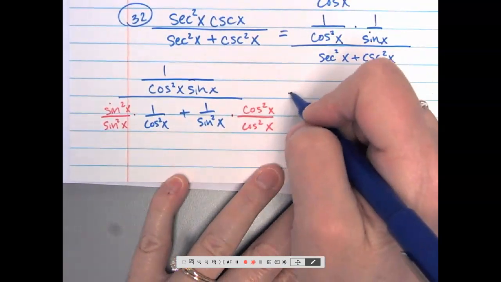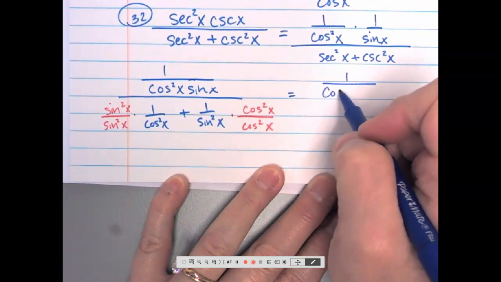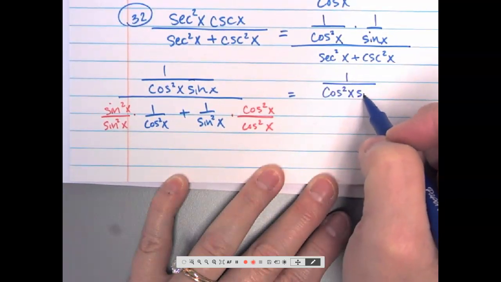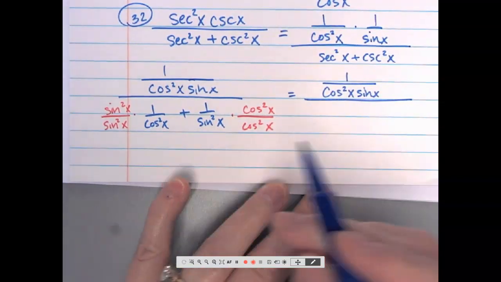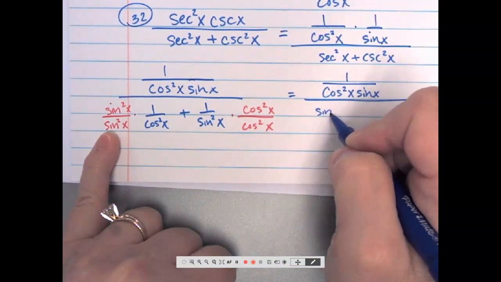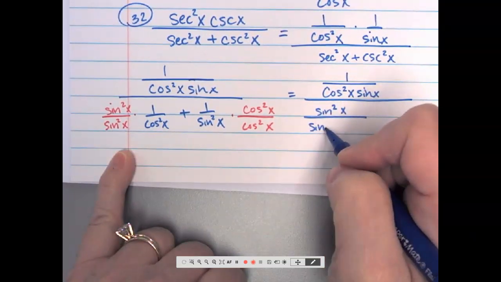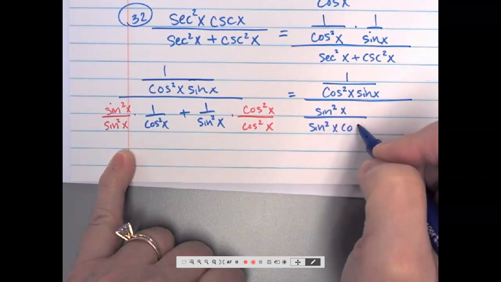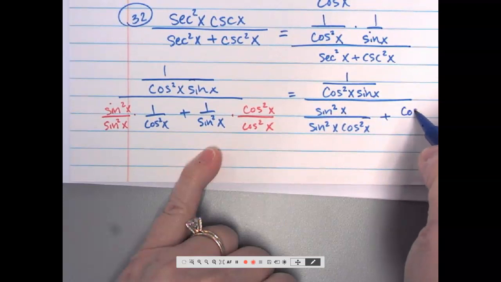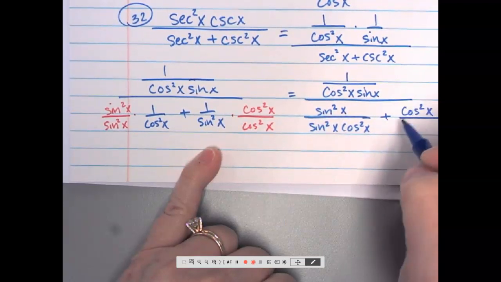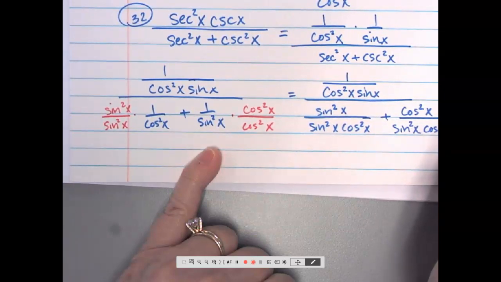Okay, so I have 1 over cosine squared sine over sine squared over sine squared cosine squared plus cosine squared over sine squared cosine squared.